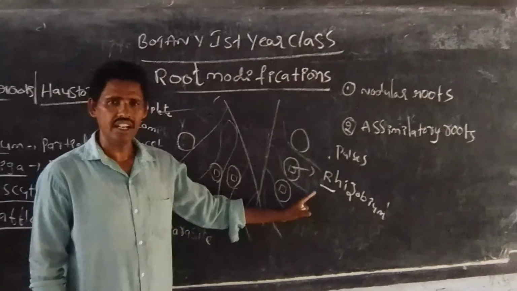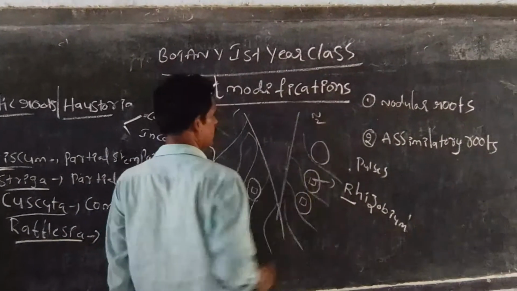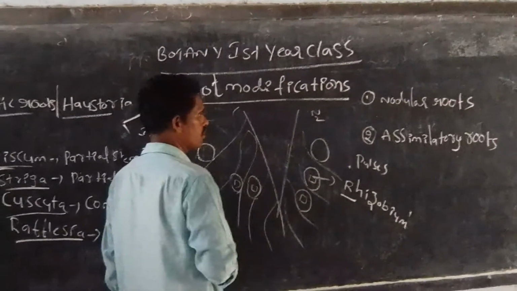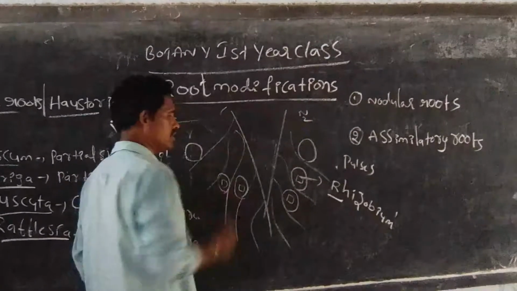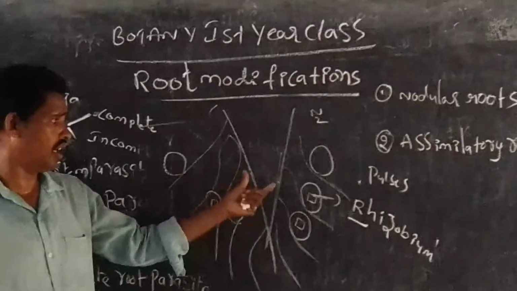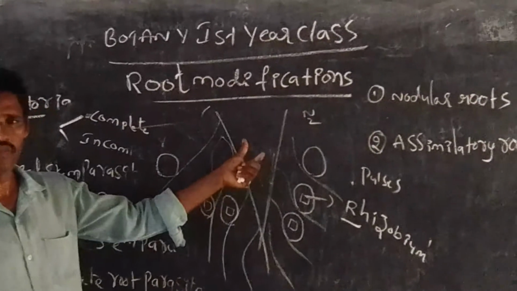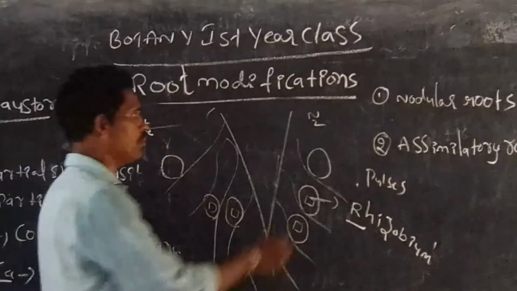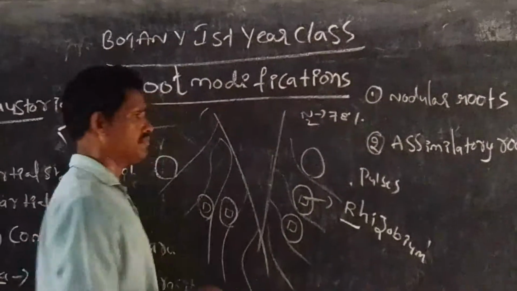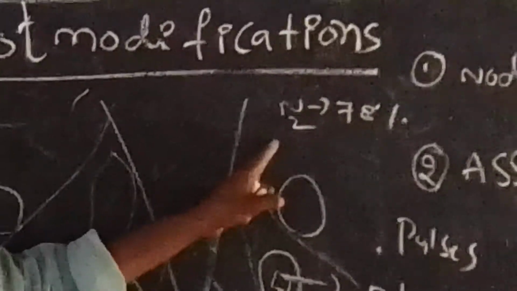Rhizobium takes atmospheric nitrogen, so it is called a nitrogen fixing bacteria. It converts nitrogen into nitrates. Nitrates are used for plant growth and development and for making proteins. The atmosphere has 78% nitrogen, but plants cannot use it directly.